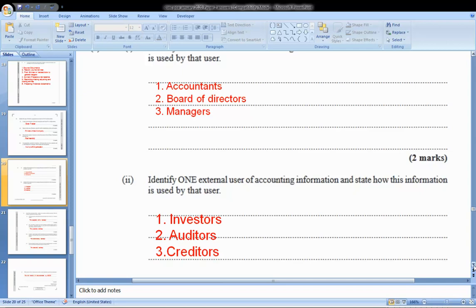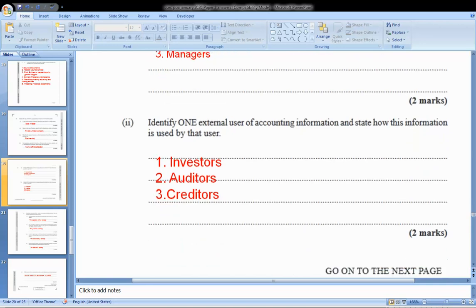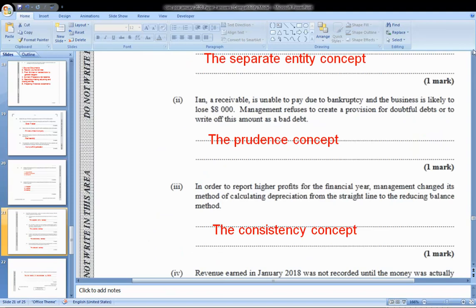And you simply take one of them, which is very easy, and explain and state how the information is used by each of them. Any one that you select, just one. I've given you three, which you just need to select one from in providing your answer. And you will get also 2 marks for that. So let's move on to the other part of the question now.